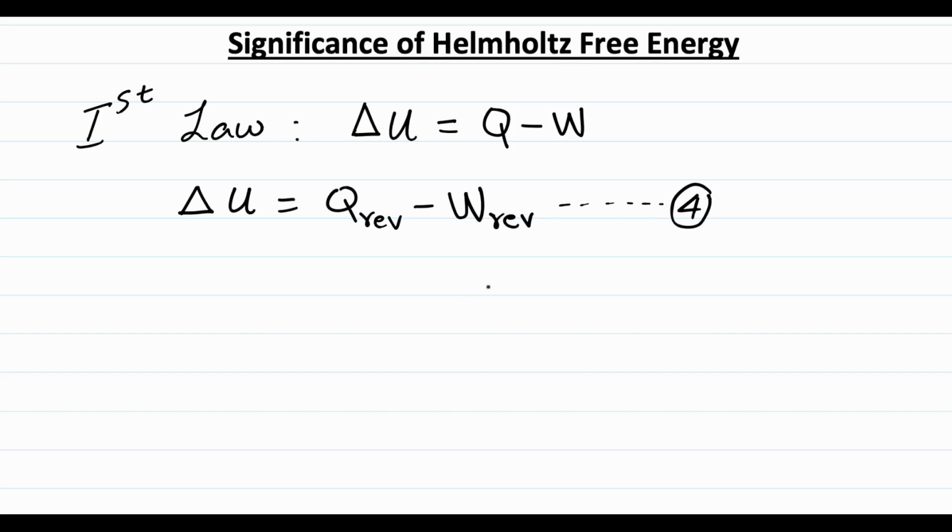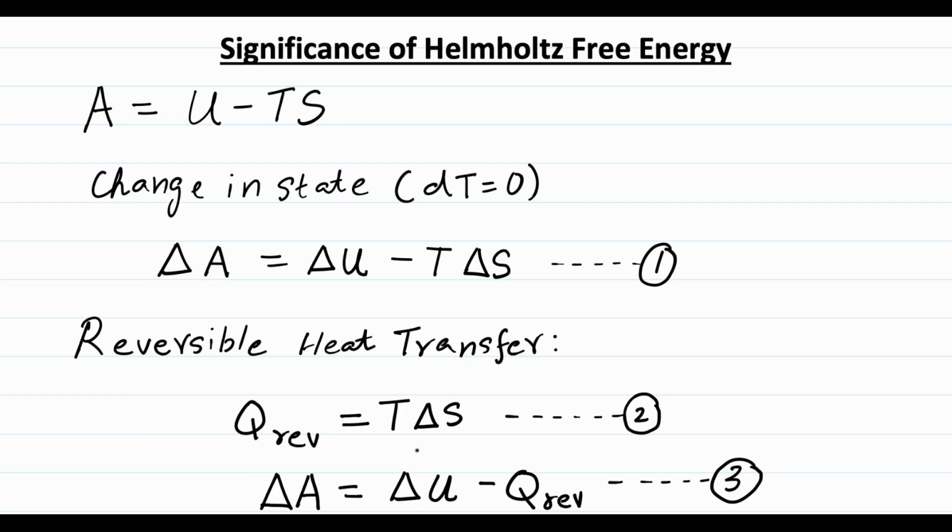So now we are going to substitute equation 4 in 3. This is equation 3, that is change in Helmholtz free energy is equal to del U minus heat involved in reversible heat transfer.